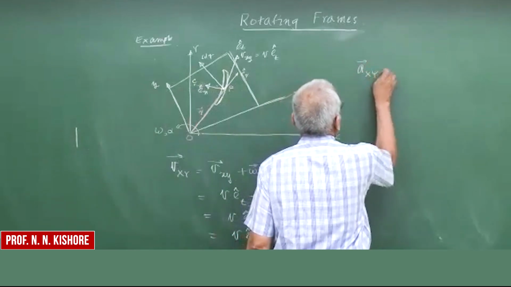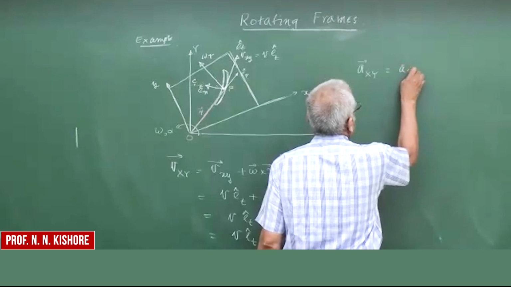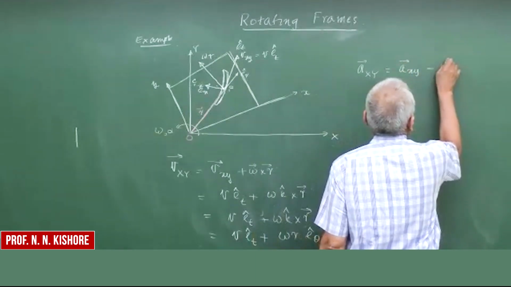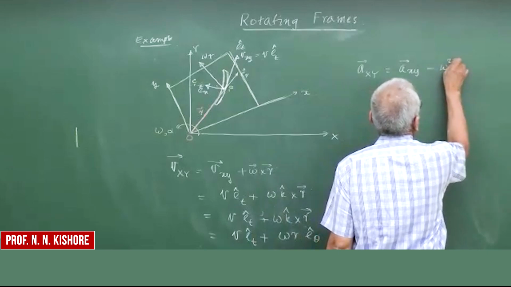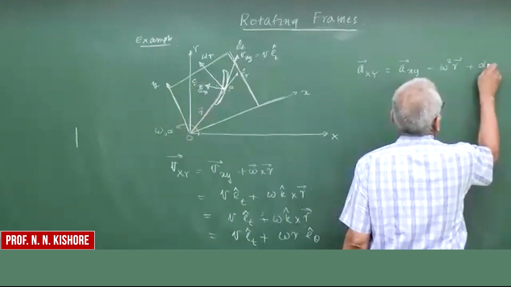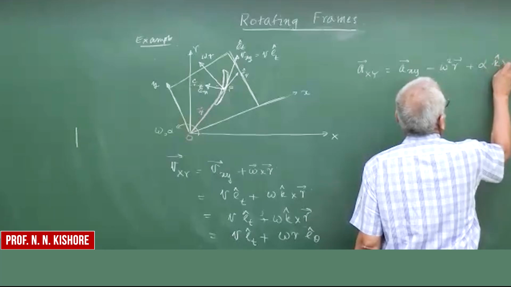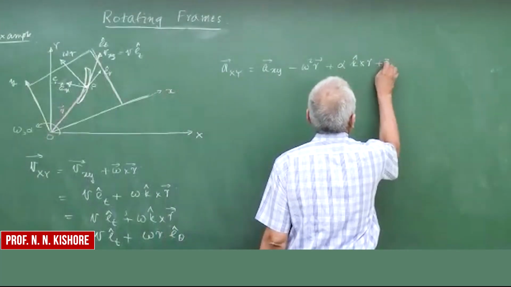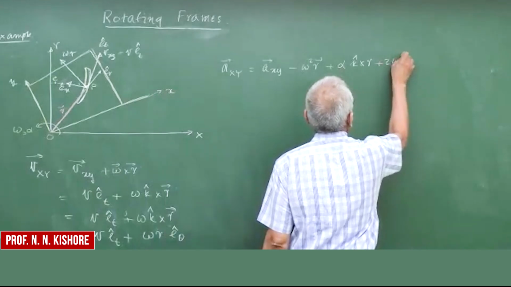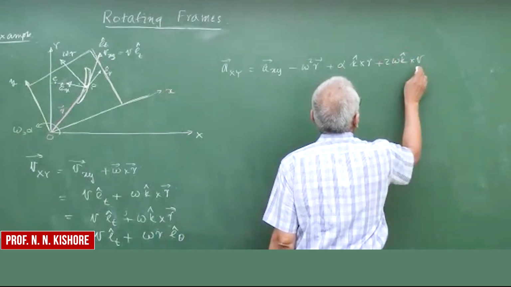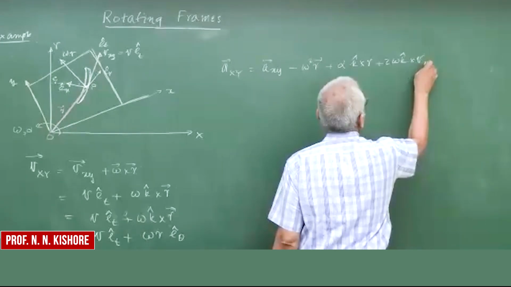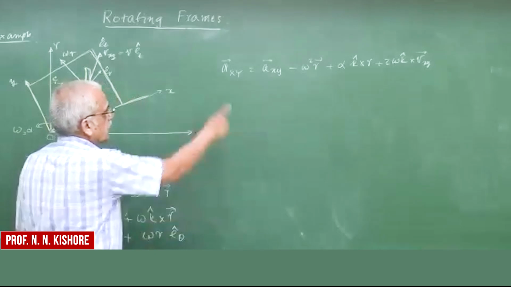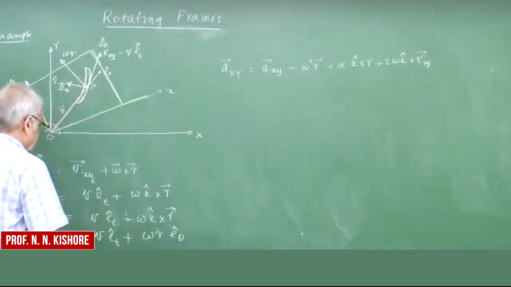So the acceleration a_xy, as observed in the small xy frame, and minus omega square R plus alpha K cross R. Okay, so what is a_xy?